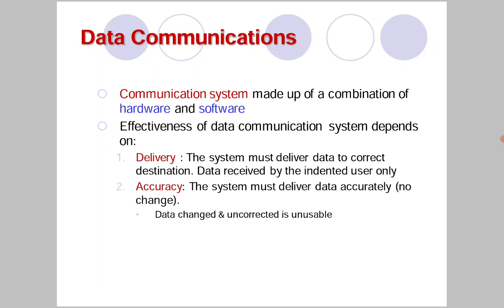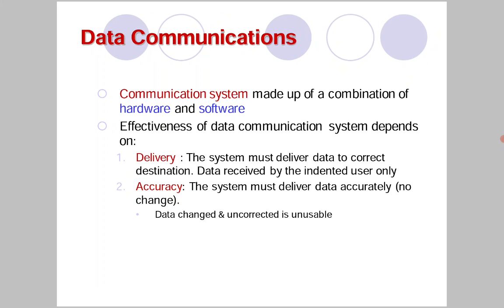What is a communication system? The minimum requirements to transfer data among two or more devices or persons are two components: first hardware, and second software. These are the two important components for working with any communication system.